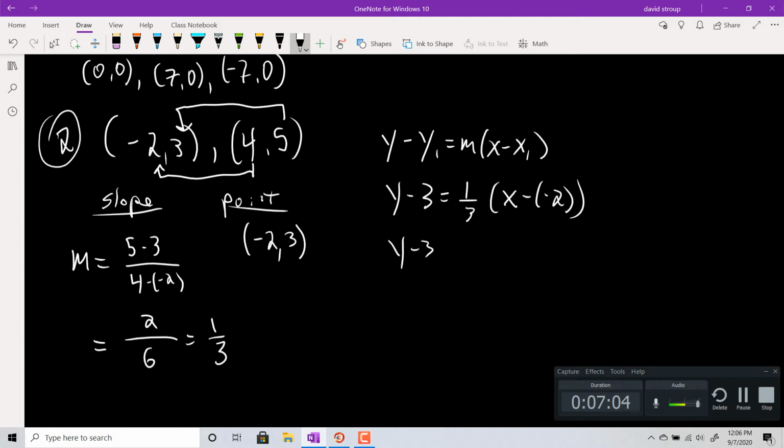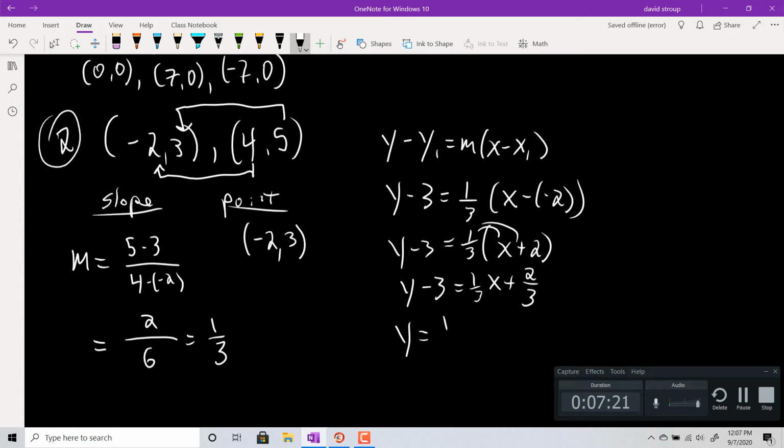So I'm going to clean up the insides here. Negative, negative is positive. Then I'm going to distribute. Then add the 3 to the other side. 3 is the same as 9/3, getting that common denominator going. And then our solution, 1/3 x plus 11/3.